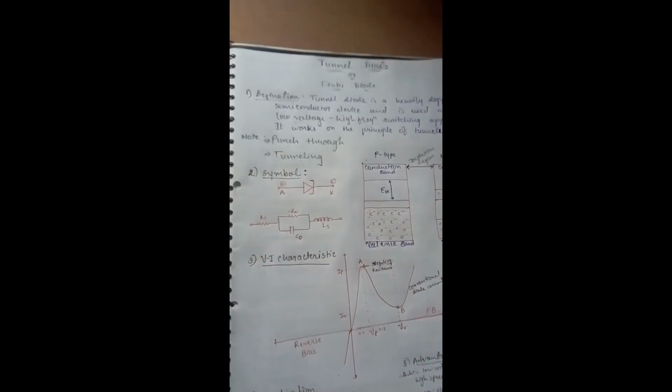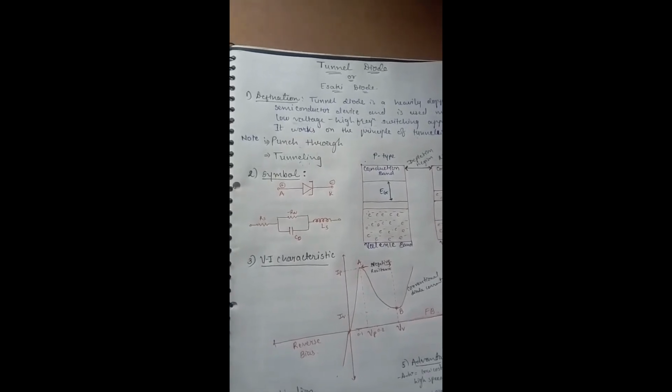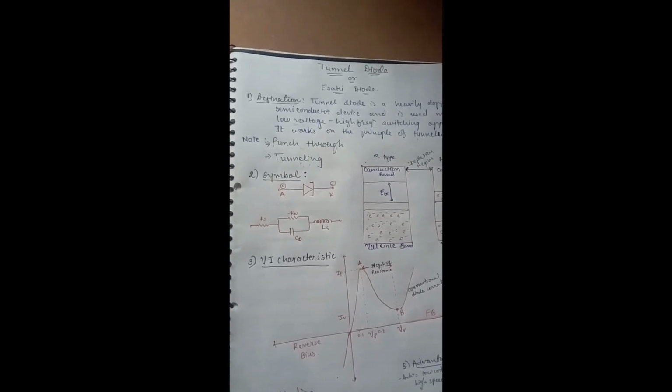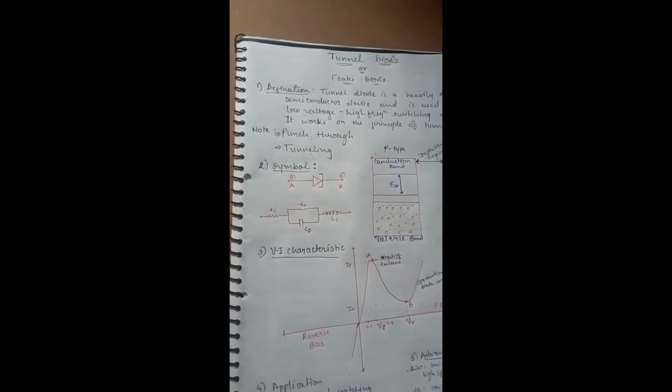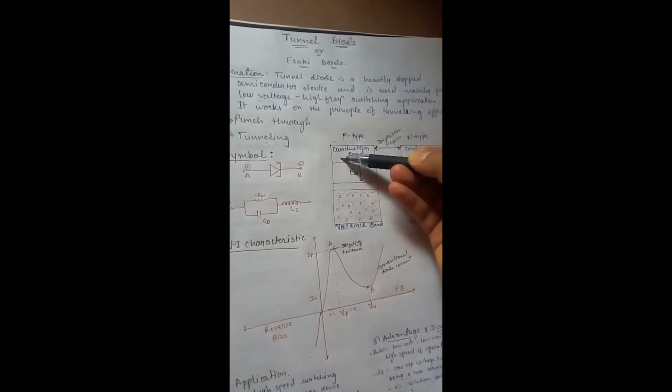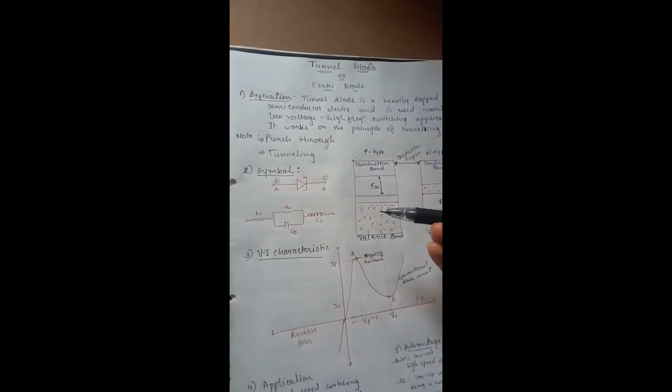Punch through means carrier movement, or we can say when an electron is moving from one side to the other. You know that an electron will move from the valence band to the conduction band, as well as from p type to n type, at the time when biasing is applied.